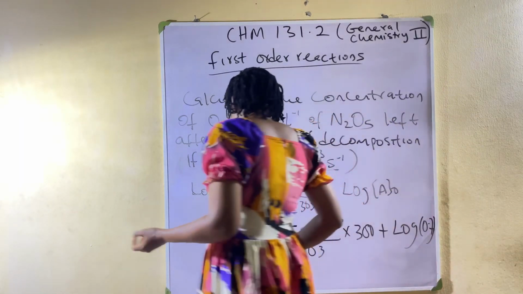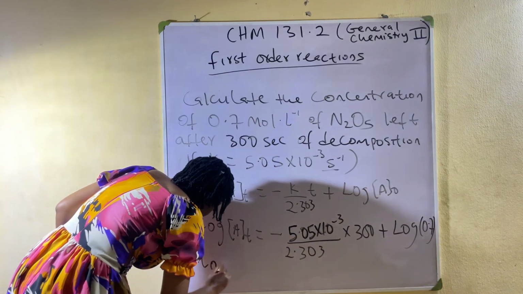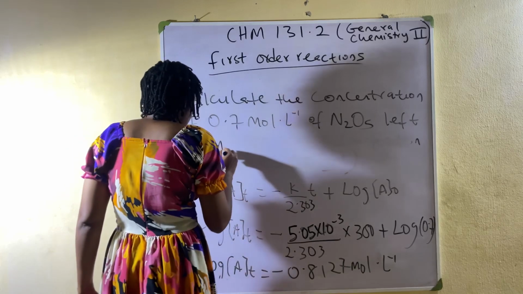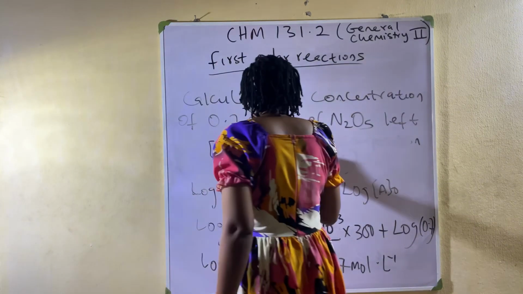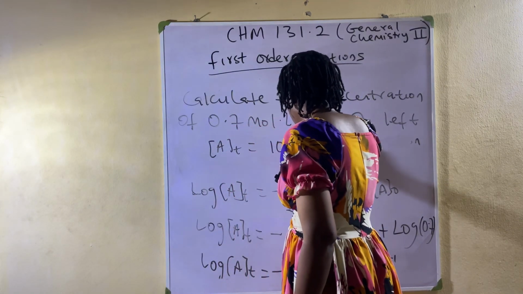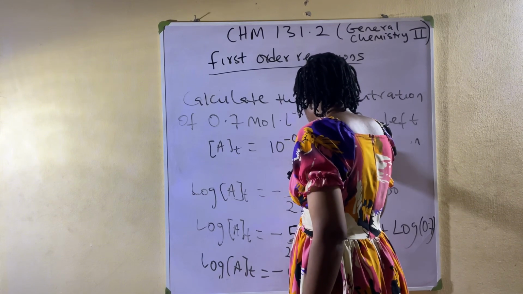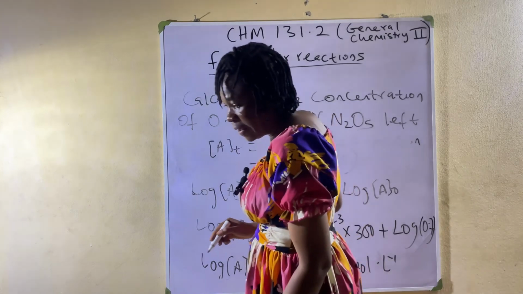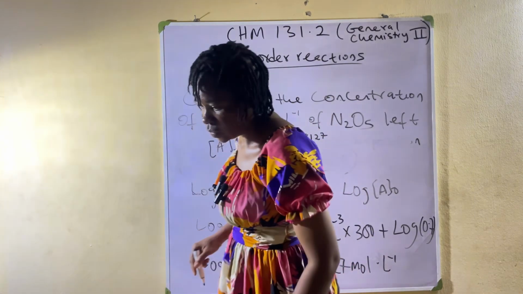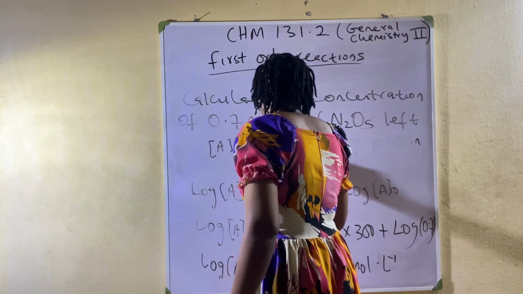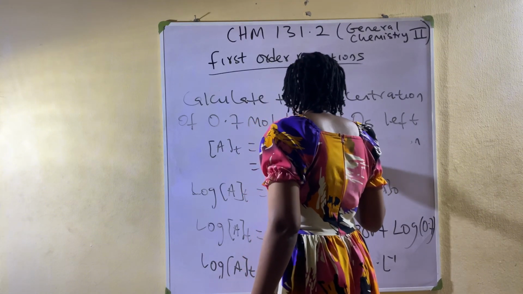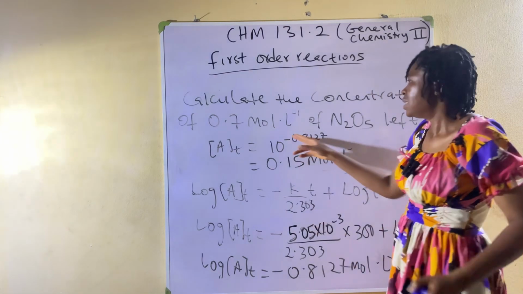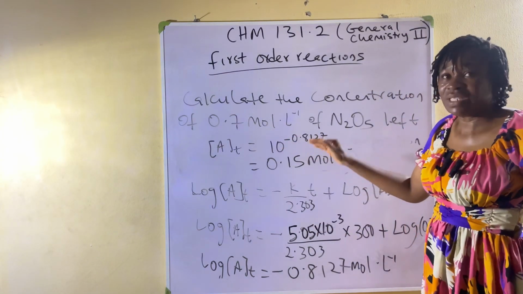So the antilog of this value gives us 0.15 mole per liter. So the unit of your concentration is mole per liter.